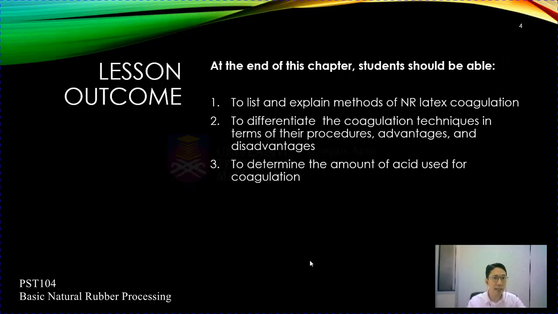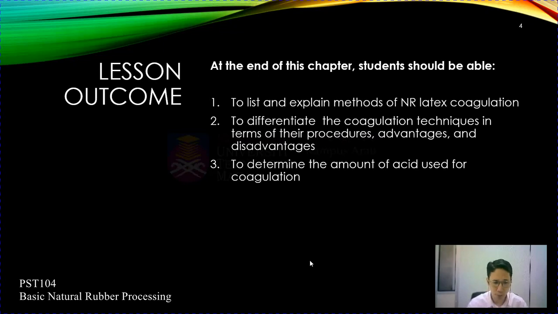The last one is the lesson outcome for this chapter. At the end of the chapter, you should be able to list and explain the methods of NR latex coagulation, to differentiate the coagulation techniques in terms of their procedure, advantages and disadvantages, and finally to determine the amount of acid used for coagulation.